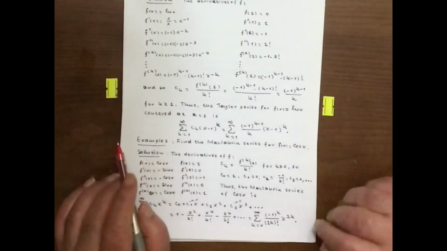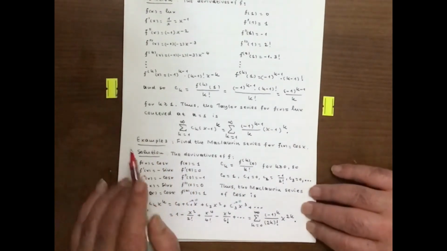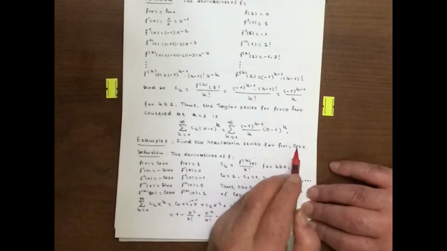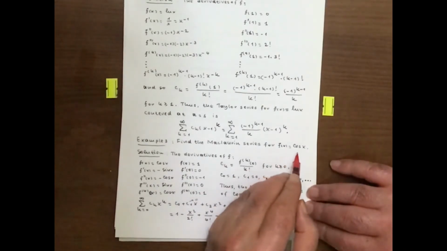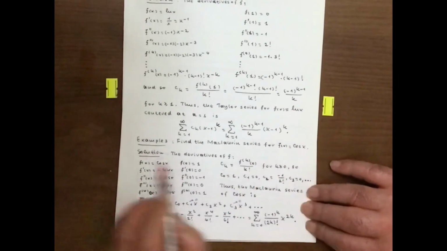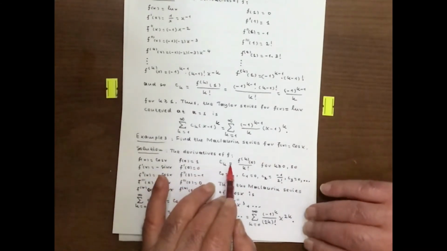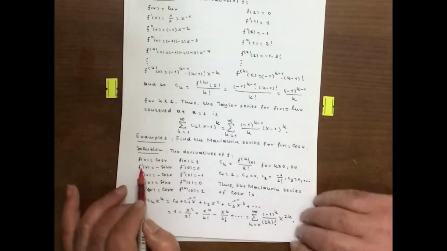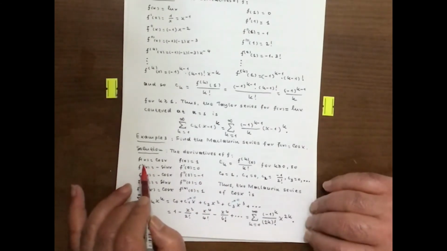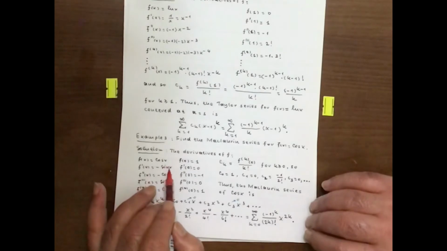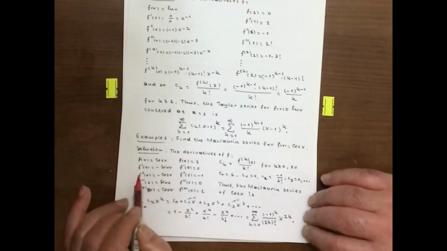Now, example 3. Please again find the Maclaurin series for f of x equals cosine of x. Now, take the derivatives of the function f. The function f of x is cosine x.